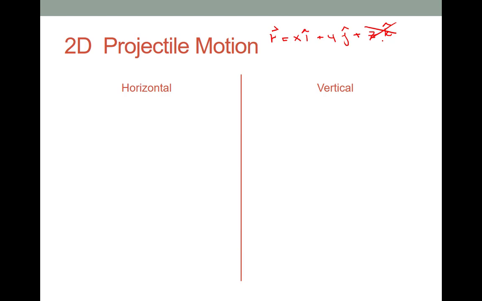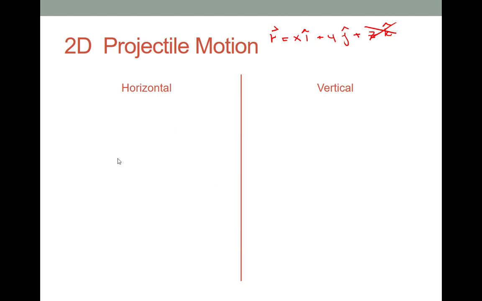As long as we can separate the motions, meaning that what changes in the y direction does not affect how the x direction changes. Or if you want to think about it in terms of calculus, if I take a derivative with respect to x, the derivative of y would be 0.